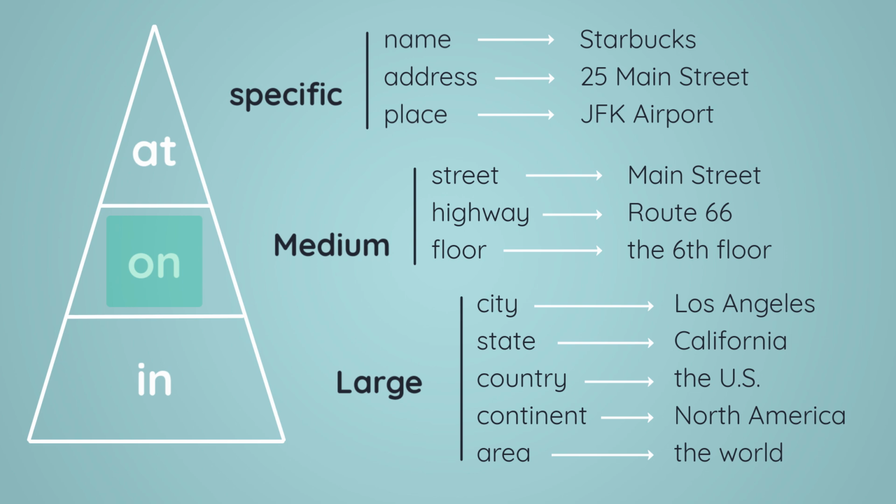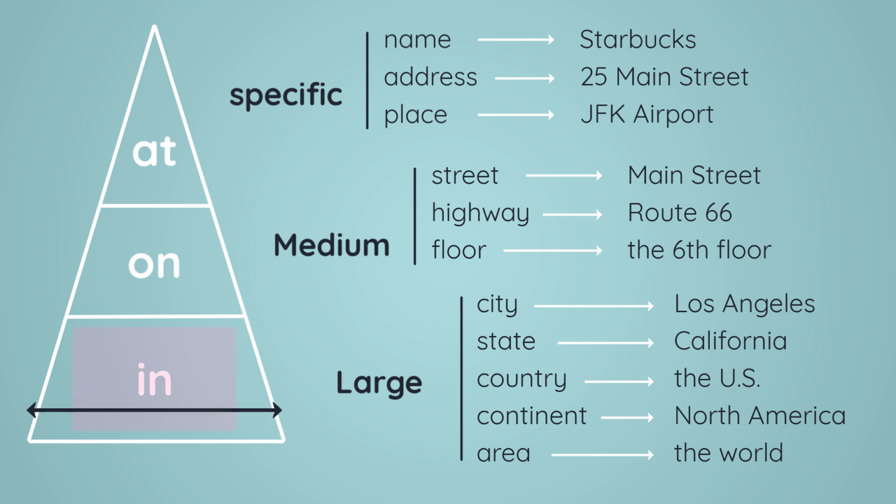Somebody lives on Main Street. I drive to work on Route 66. I work on the 6th floor. So we see that it's a little bit wider than that specific place. A little bit wider tends to often be horizontal kind of places.